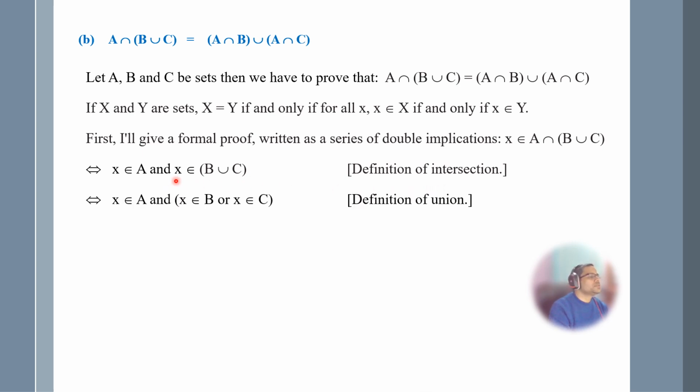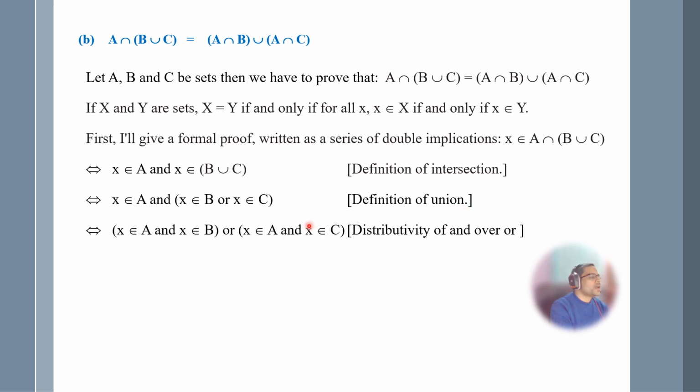This is equivalent to x belongs to A and (x belongs to B or x belongs to C), by the definition of union. Which is equivalent to (x belongs to A and x belongs to B) or (x belongs to A and x belongs to C), by the distributive law of and over or. Which is equivalent to x belongs to A intersection B.